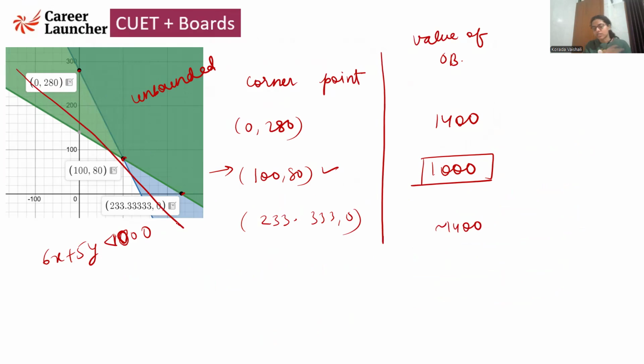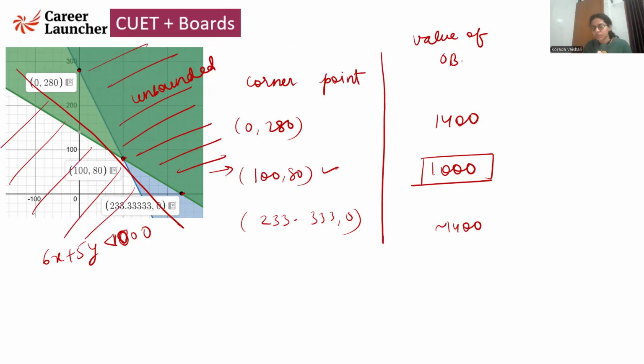I'm not drawing it, this is a very rough graph, but this will not have any common region with the existing one. This would be somewhere over here, because it is not having any common point with the unbounded region, the region which we had just now. We will say that yes, Z has a minimum value of 1000.